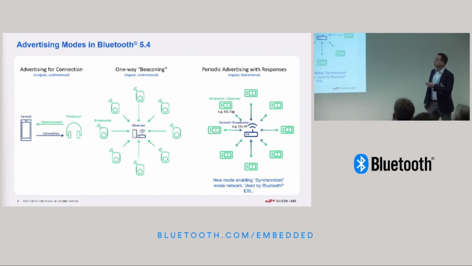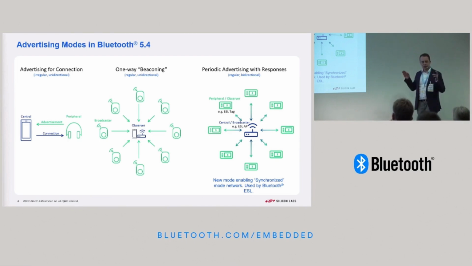Now we have the periodic advertisement with responses, and it's exactly what the name says. The device in the center, in the context of an ESL access point, is sending beacons. Surrounding devices are listening for the beacons, and there's a control mechanism for how these devices can provide a response back to the access point.